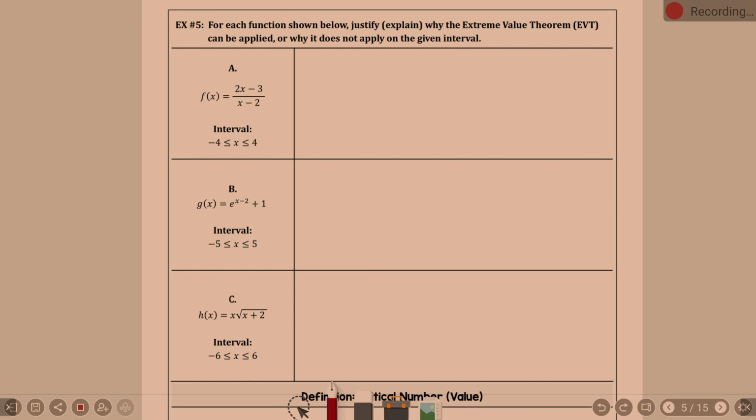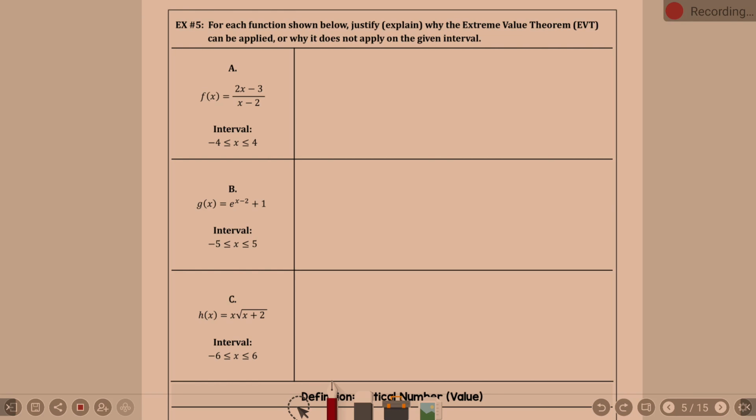Okay, so why is it not continuous? Because there's an asymptote. There's a denominator of x minus 2. That denominator is either indicating a vertical asymptote or a hole. If there's another x minus 2 on top, it'd be a hole, right? But just setting the denominator equal to 0, that's a vertical asymptote. So this is not continuous at x equals 2. Is 2 in the given interval we're talking about?